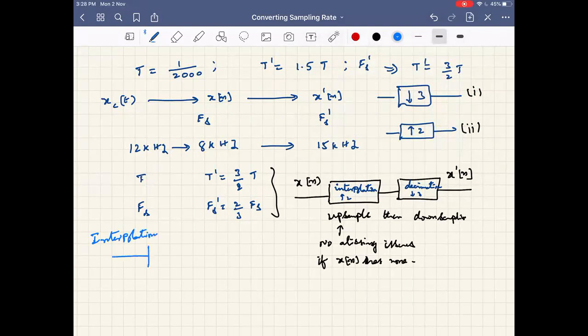The operation is upsampling by L times and then filtering by a low pass filter from minus pi by L to pi by L. Whatever you give as x of n, this is x e of n, and this is x I of n, the interpolated signal.